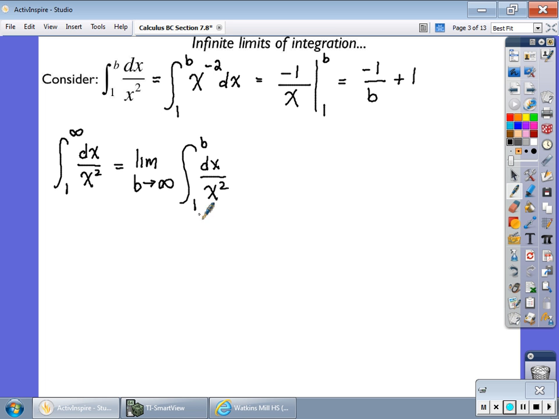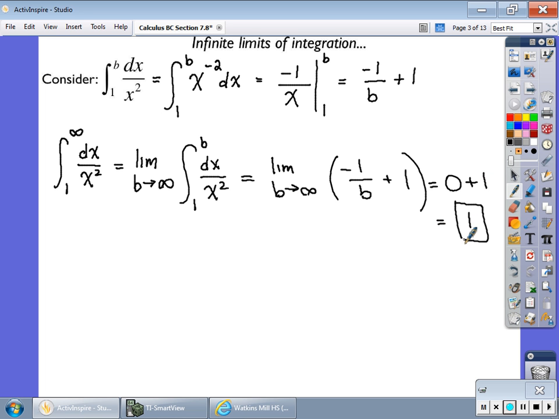Now this we just figured out. That was right here, -1 over b plus 1. So this is the limit as b approaches infinity of -1 over b plus 1. Now here, as b approaches infinity, the denominator grows larger and larger. -1 divided by a larger and larger number is 0, plus 1. This limit is equal to 1.